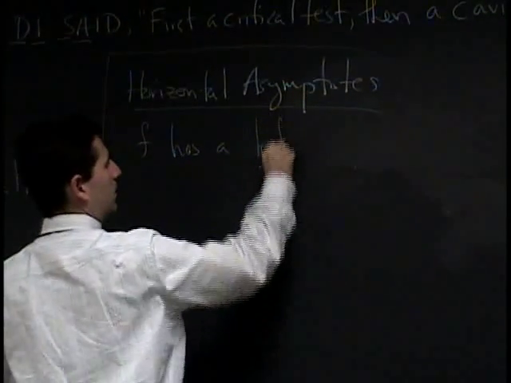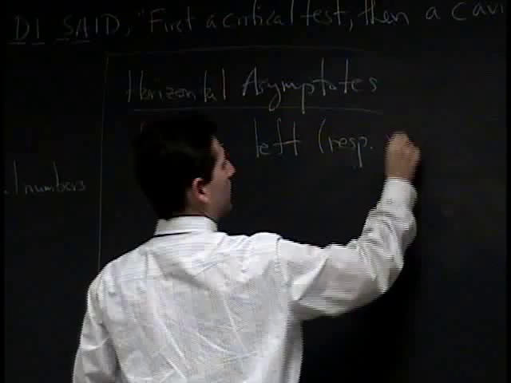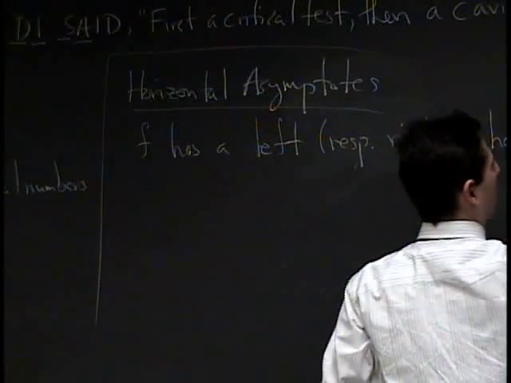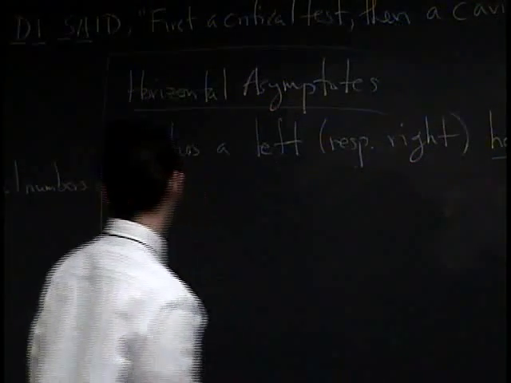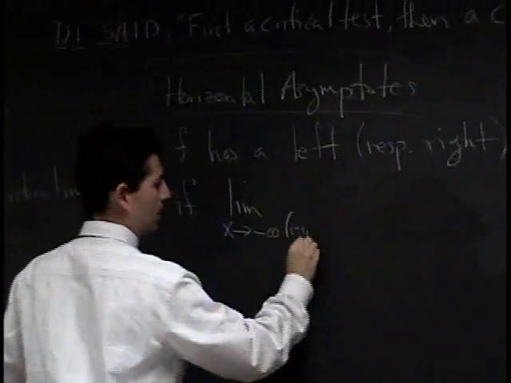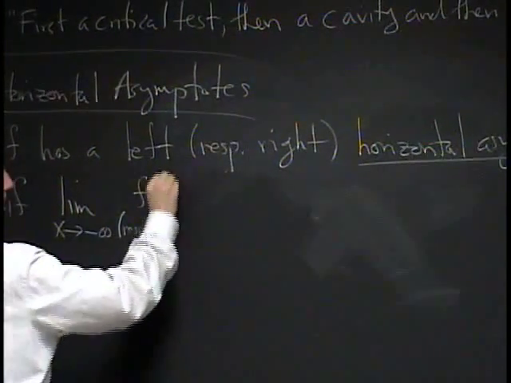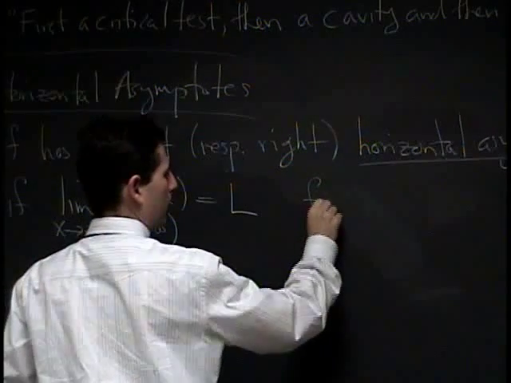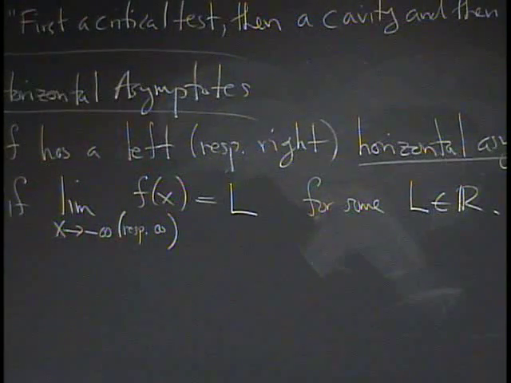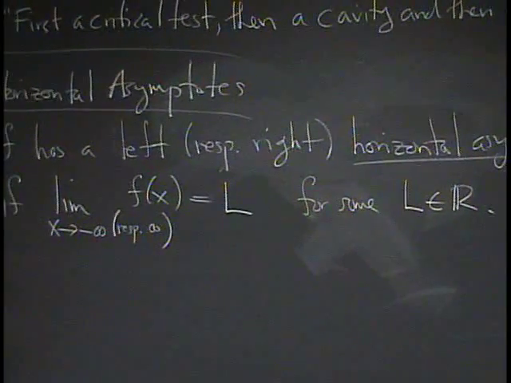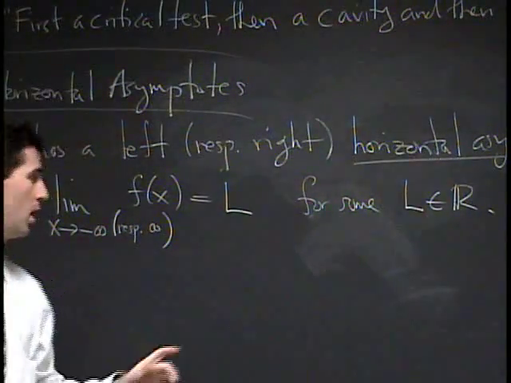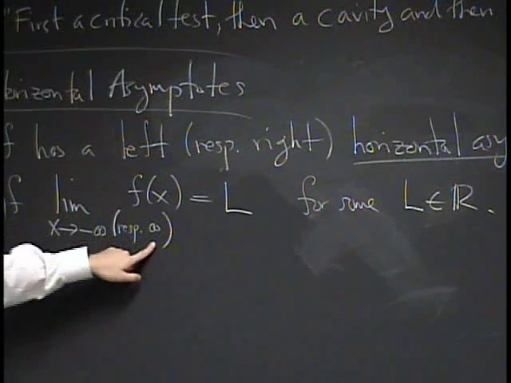has a, let's see, we'll write left, right, respectively, horizontal asymptote if the limit as x goes to minus infinity, or for right, respectively infinity, of f of x equals L, for some real number L. So the functional version of this sentence is to say, if you want to find out if and what the horizontal asymptotes are, you compute the limit as x goes to minus infinity and x goes to infinity of f of x.